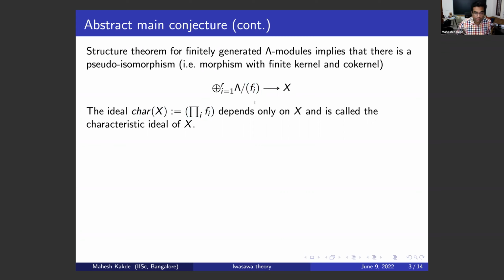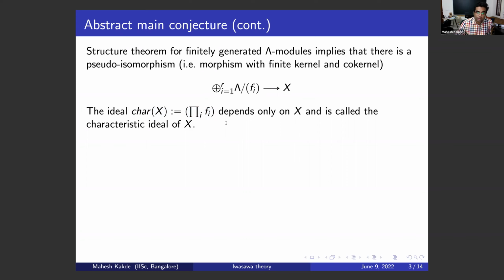For instance, you could have Lambda mod F squared, or Lambda mod F times Lambda mod F, and so on. So those can be pseudo-isomorphic, but the product of these F_i's, the ideal generated by it, depends only on X, and we call it the characteristic ideal of X.